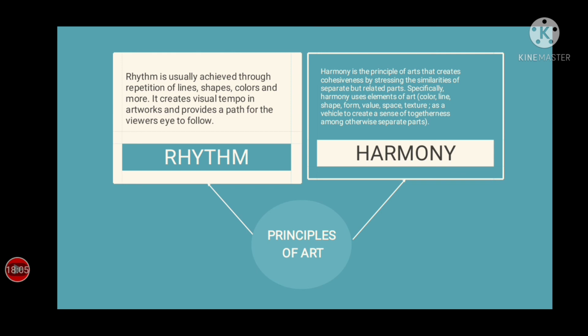So harmony gives unity among an artwork because it is a combination of color, line, shape, form, value, space, and texture in a piece. That is the principle of art in rhythm and harmony.